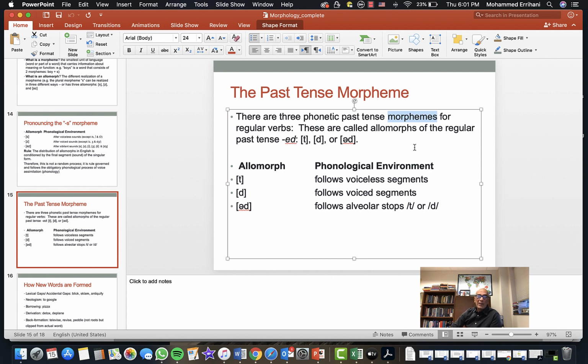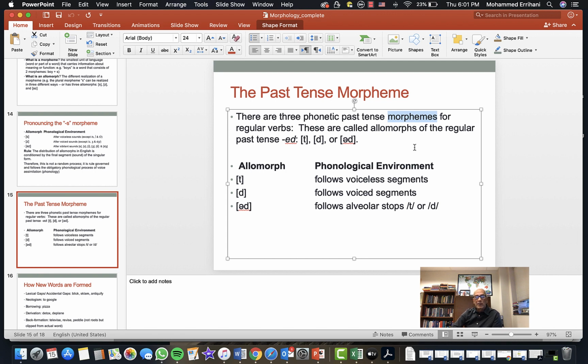So it's pronounced as t following voiceless segments. So if you have walk, k is voiceless. Therefore, if you add ED to walk, it becomes walked, with a t sound. Stop, stopped. On the other hand, if it follows a voiced sound, it's pronounced as d.